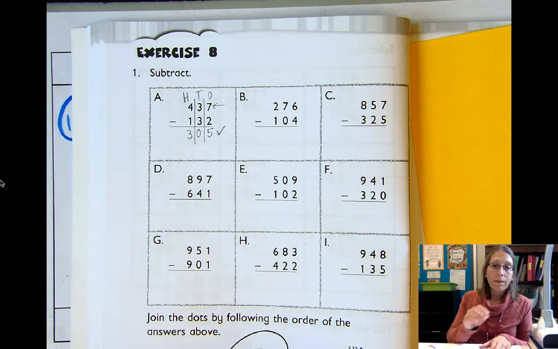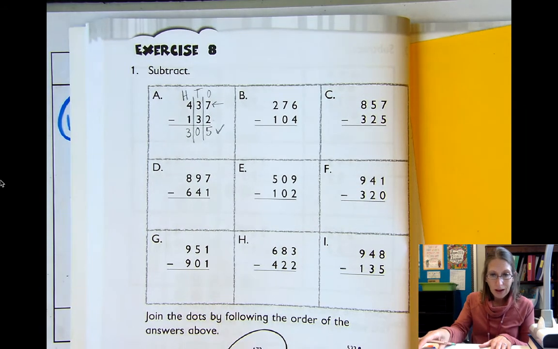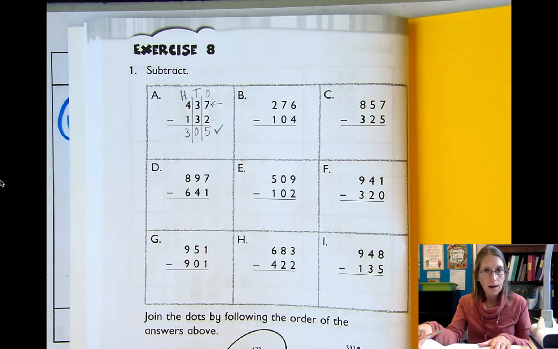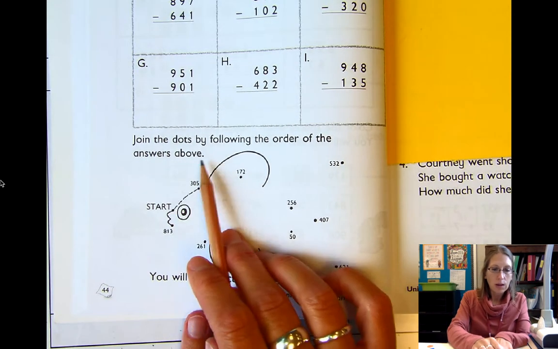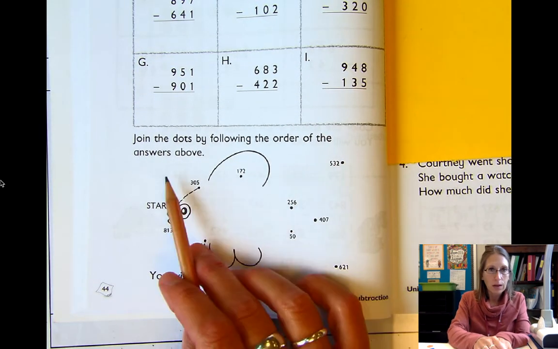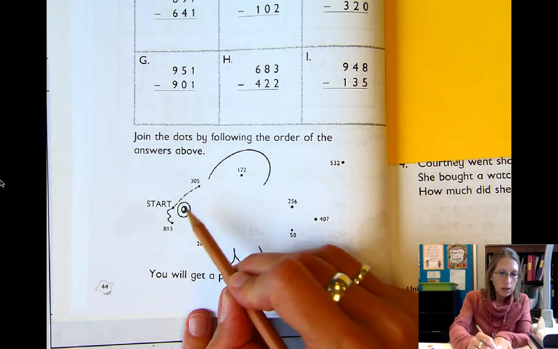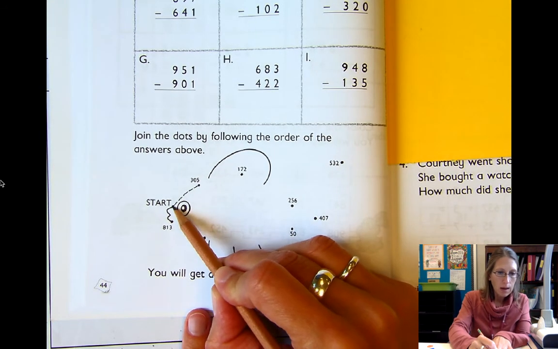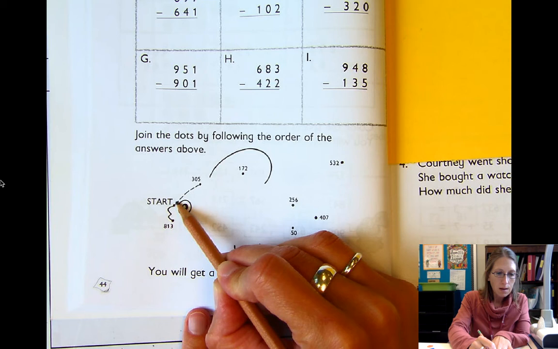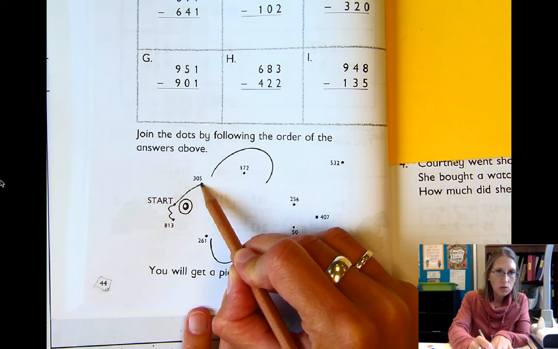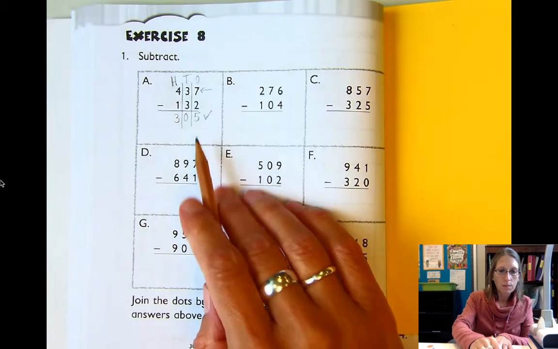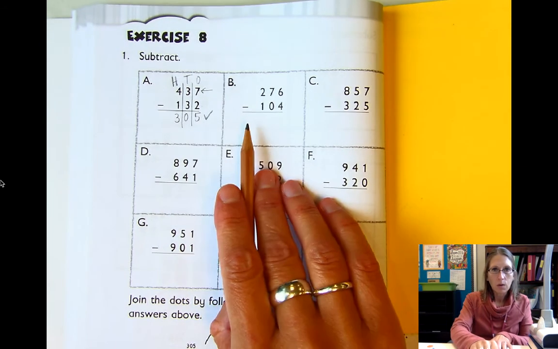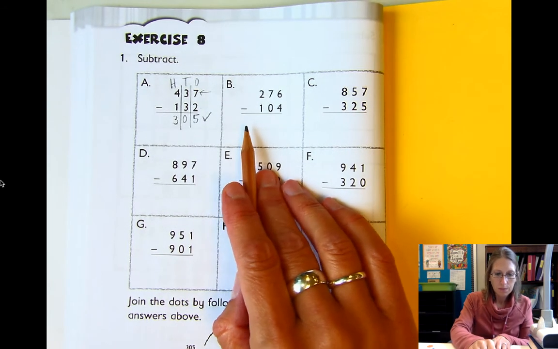All right. And then after we do this page at the bottom, another way of checking our answers is it says to join the dots by following the order of the answers above. So we're going to start here and, oh, look at that. Was our first answer 305? Oh, yes, it was. I wonder what our next answer is going to be.